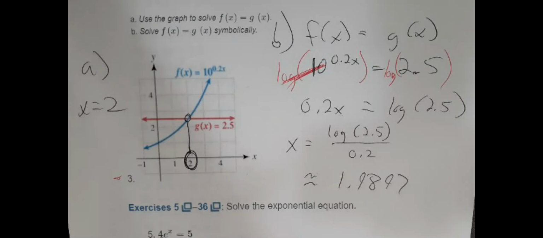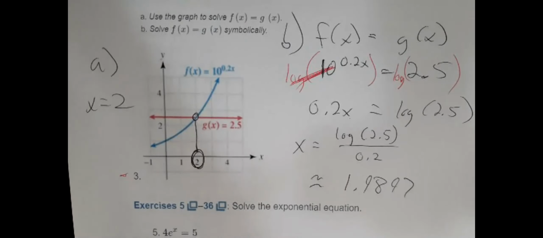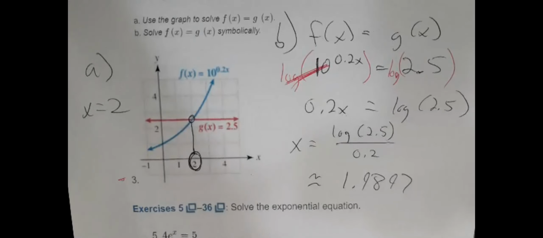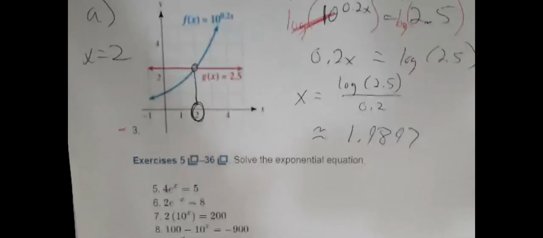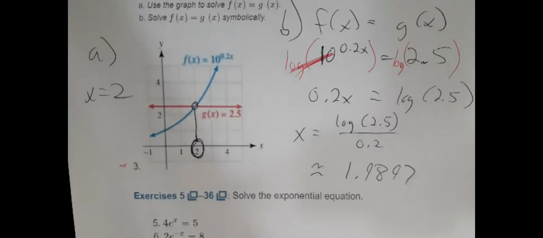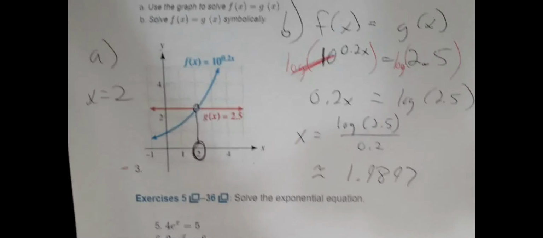But if this was a model, depending on what we're modeling, 2 might be good enough. We're talking about a really fractional amount. It kind of depends what you're doing sometimes, to be honest. If you're doing it on a graphing calculator or Desmos, you could get a pretty accurate answer.